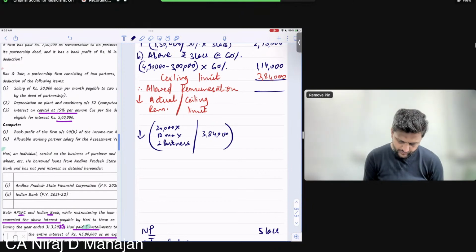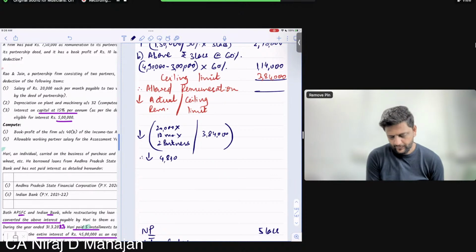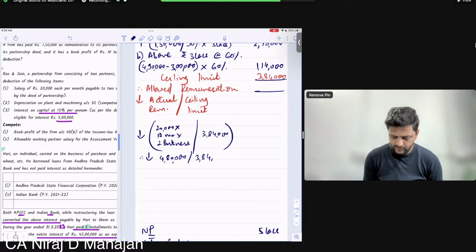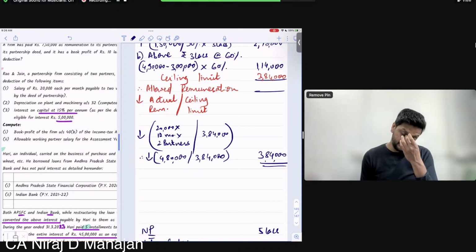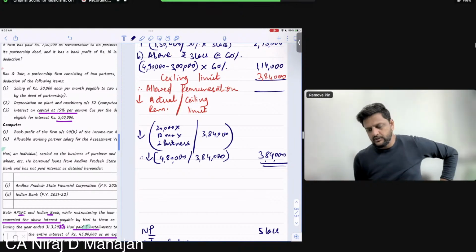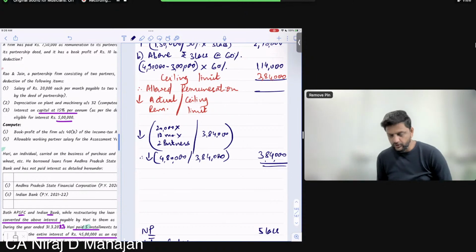So lower of 480 or 384. How much do we allow, बच्चों? 384. But please compare that always with actual remuneration. है ना? Fine, clear all of you.